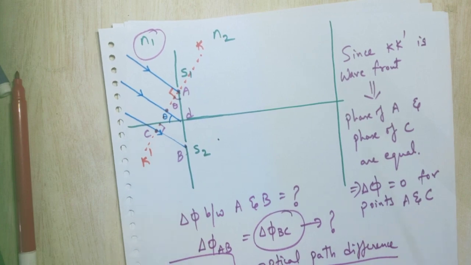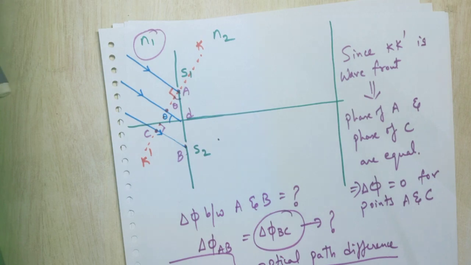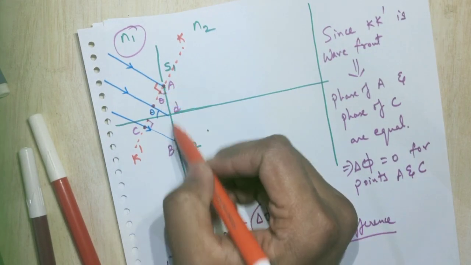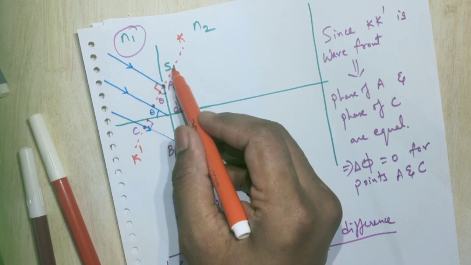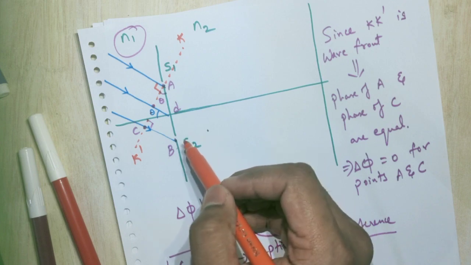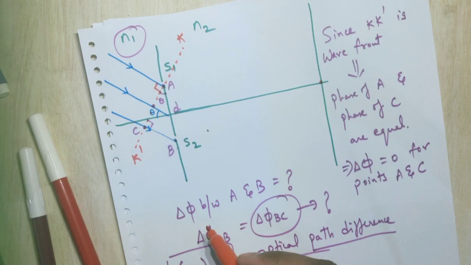Now understand one important point here. If these two lights that are entering from slits S1 and S2 do not have any phase difference, then the maxima is formed exactly at this point, that you already know. Why?